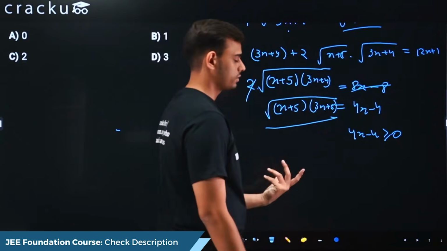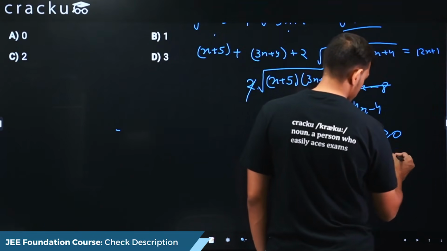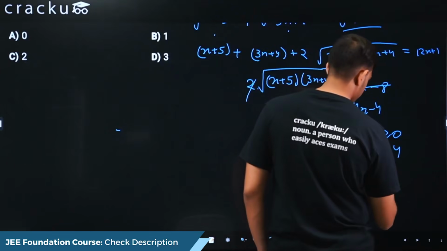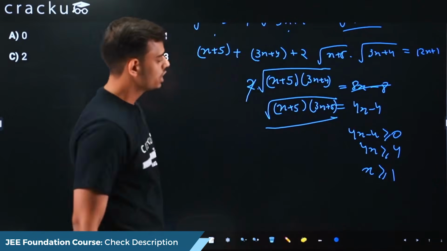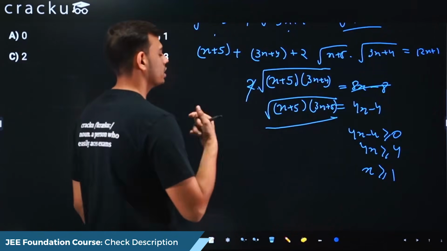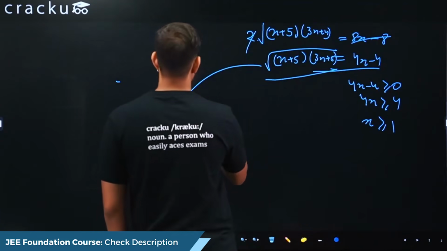Then we get 4x is greater than or equal to 4, so x is greater than or equal to 1. So x should be greater than or equals to 1. This is the condition we get because of this equation. Now let us try to solve it further.